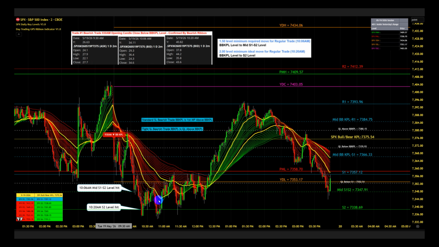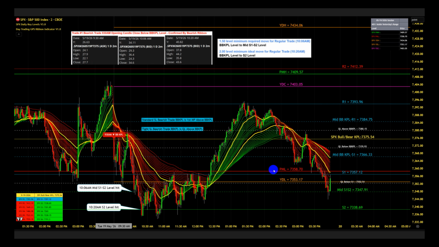Then at that point, if price does continue to move in your favor past a two-level move, you can continue to adjust your stop loss by adding on additional profit buffers at each additional key level move in your favor, which would be either additional midpoints, additional key levels, or additional contextual levels, which occur after either the 1.5 level move or 2-level move in your favor.